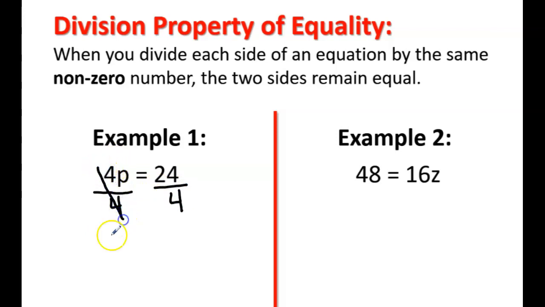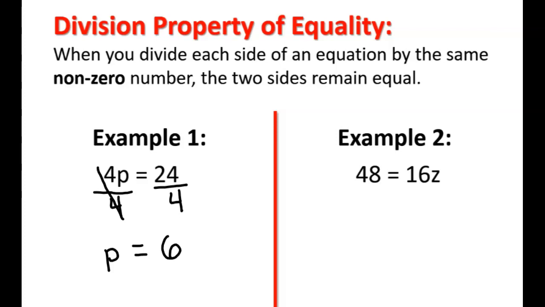So as in our addition and subtraction equations, those 4's will cancel each other out, leaving us with p on one side of the equal sign. And p equals 6 because 24 divided by 4 is 6. And we can actually substitute that value into that equation to check it to see if it makes sense. So 4 times 6, which would be p, does equal 24.